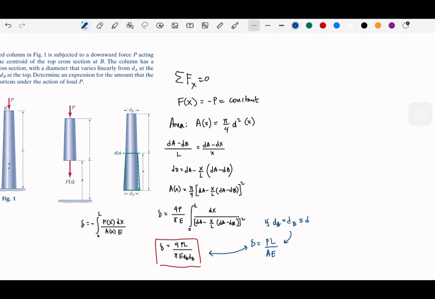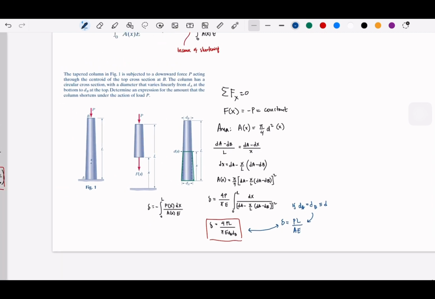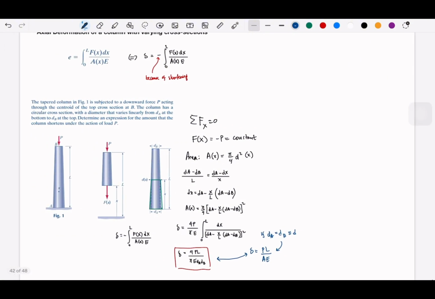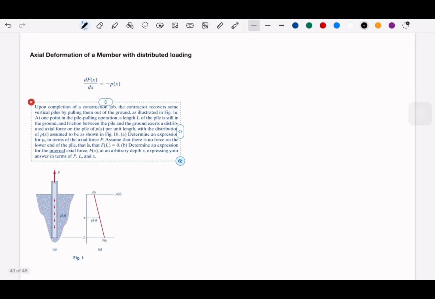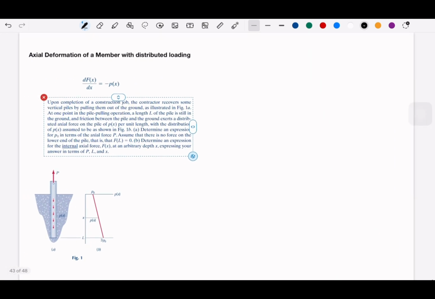Okay, I think one last case for this axial deformations. Let me go through. So the last case is the distributed loading.